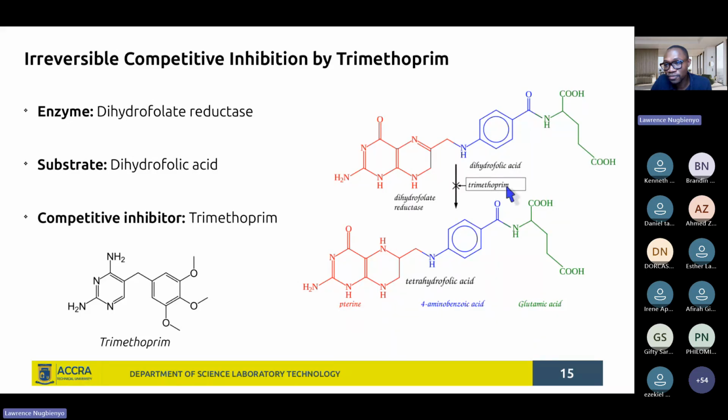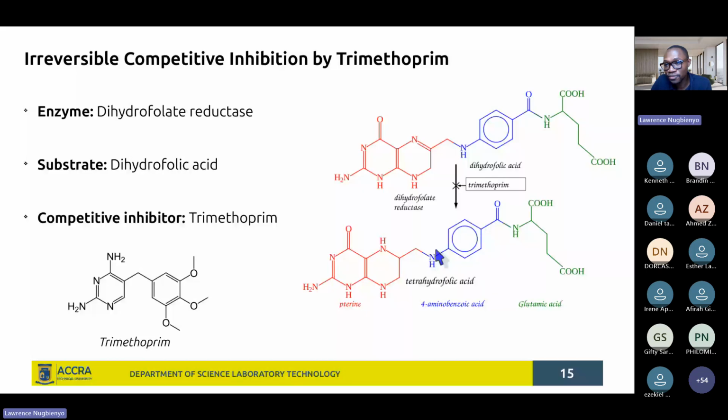Trimethoprim. Trimethoprim is a drug that serves as an inhibitor to the enzyme dihydrofolate reductase. So when the enzyme is inhibited, this reaction will not proceed. So you don't have the tetrahydrofolic acid, what we are referring to as the folic acid, synthesized at the end because of the drug trimethoprim, which is introduced in there.